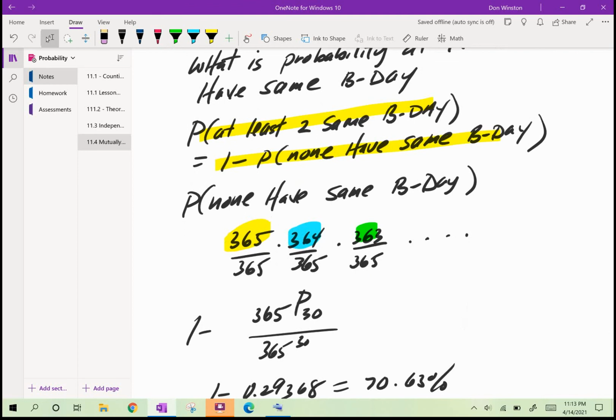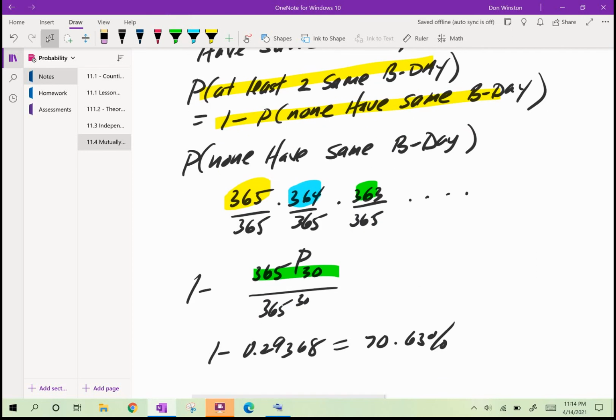Well, my numerator, 365, 364, 363, is just a permutation of 365 days taken 30 at a time, and then divided by my denominator, 365 raised to the 30th. So when you evaluate this, you get 0.29368. Well, that's the probability that everybody has a different birthday when you have 30 people.